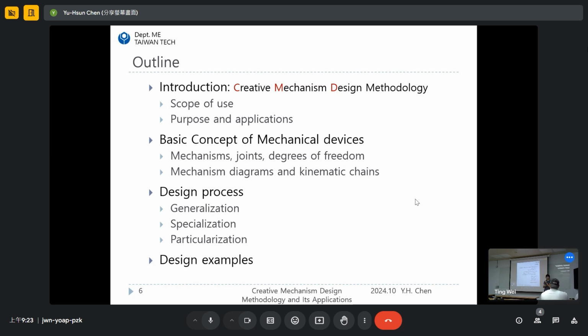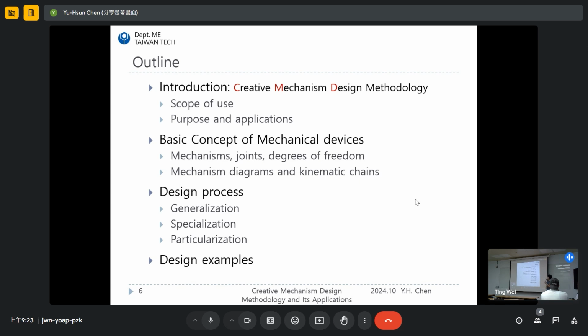I think if you have already got a degree in the Department of Mechanical Engineering, you must have taken a course on mechanisms, right? Generally that is so, but I believe maybe you don't remember all of the details. So today we will make a brief review, especially for the degrees of freedom part.